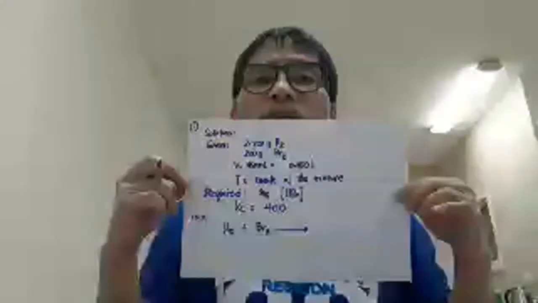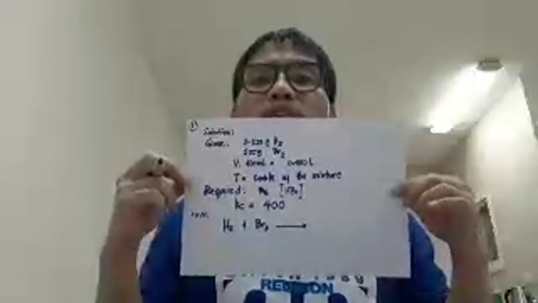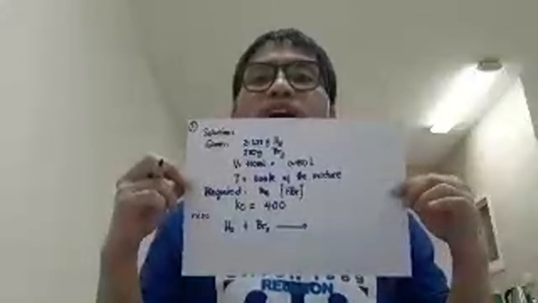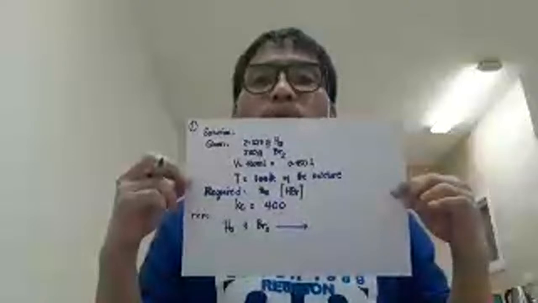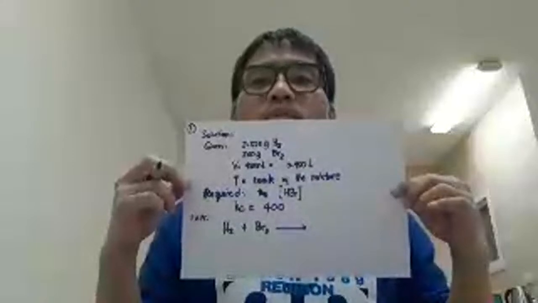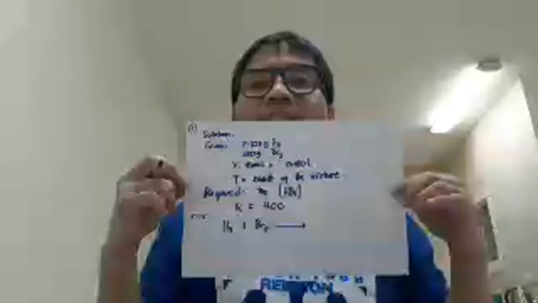We have the hydrogen gas plus bromine gas. Now we have the reactants. Because in the problem it was mentioned that you need to find the molar concentration of hydrobromic acid at equilibrium, you can easily put that as your product.